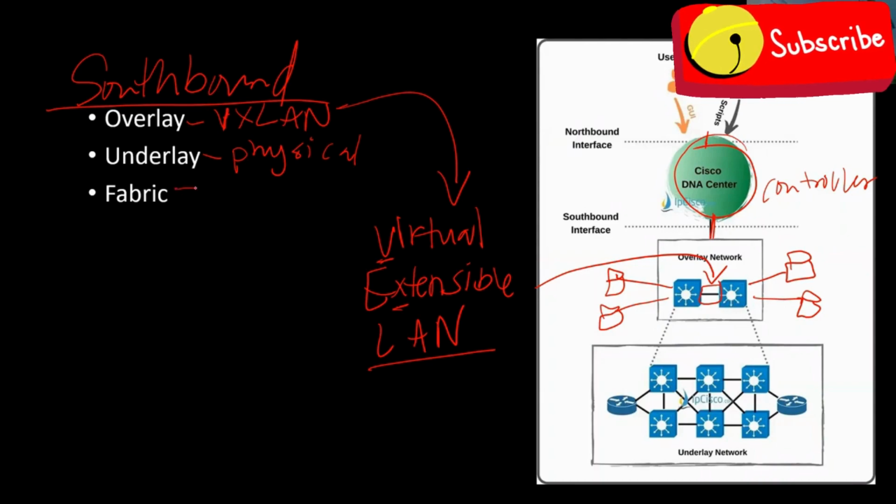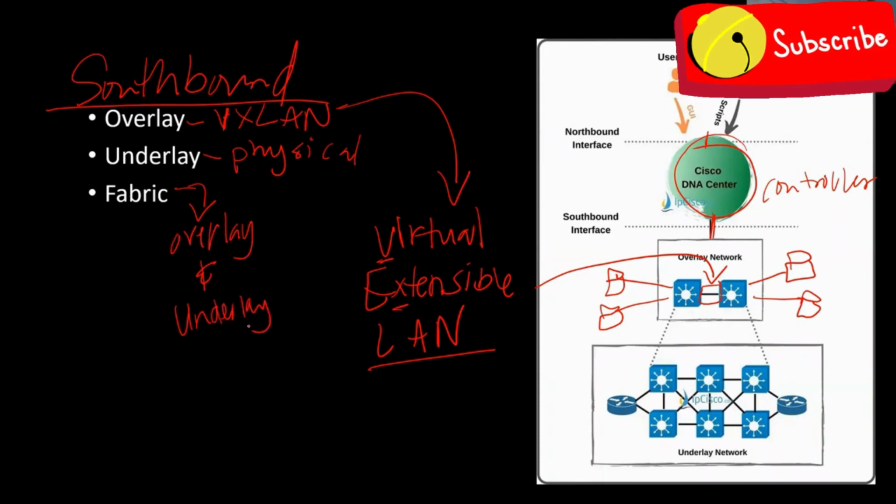So going into fabric, the fabric is the overlay and the underlay put together. That's all the fabric is. It's a combination of both the physical underlay and the logical view of the overlay. That's all the fabric is, right?